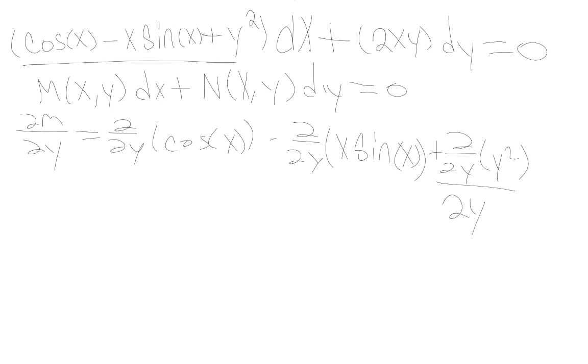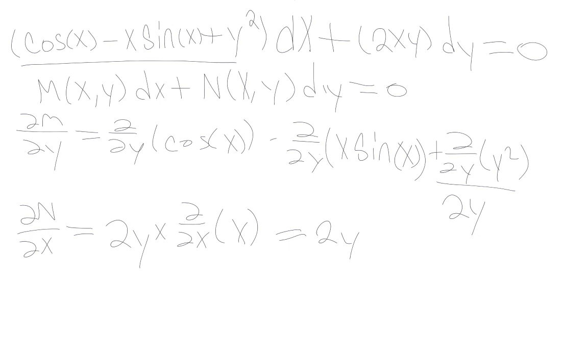And now let me take my partial N with respect to x, and that is equal to 2y, because that's a constant, times the partial derivative with respect to x of x, and that's just 2y.